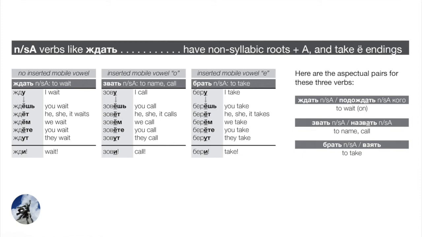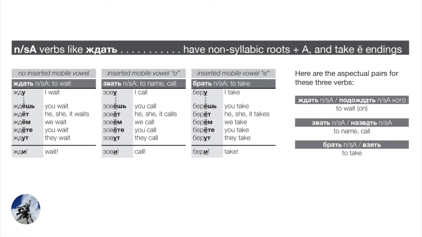We insert an o in between the z and the v. That gives us зову, зовешь, зовет, зовем, зовете, зовут. And there's that form we've used quite a bit already: how do they call you, that idiom for being named. Как тебя зовут?